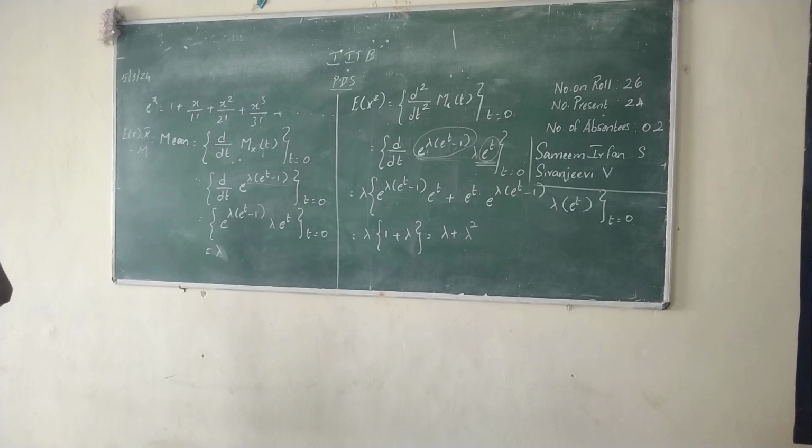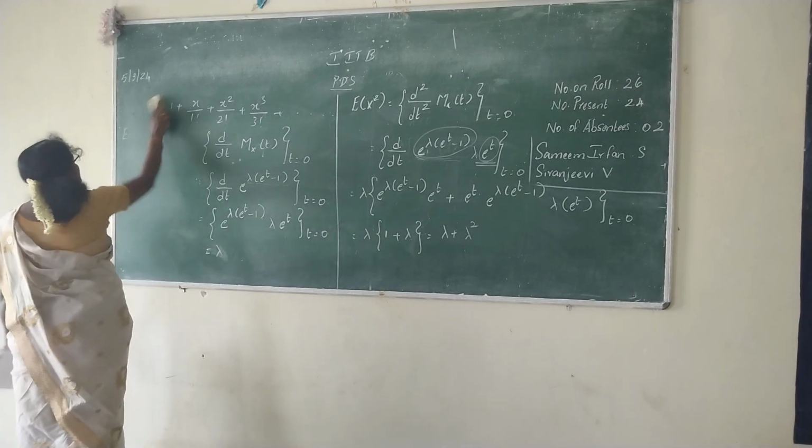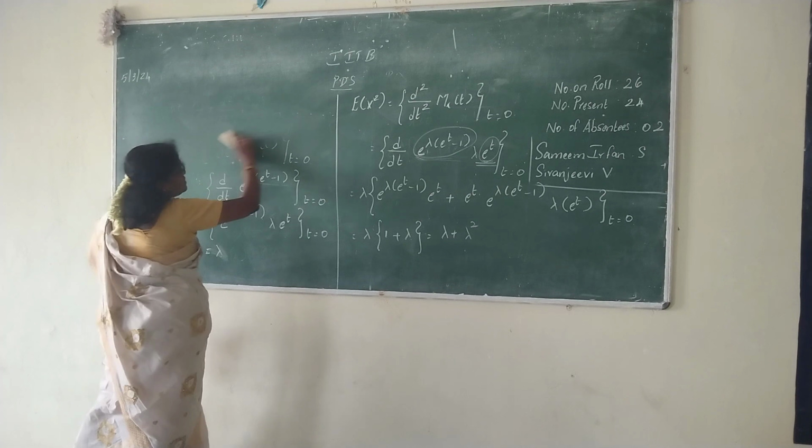Now how to find the variance? You know the formula. Substitute the formula and find the variance. Is the variance 1 plus lambda?